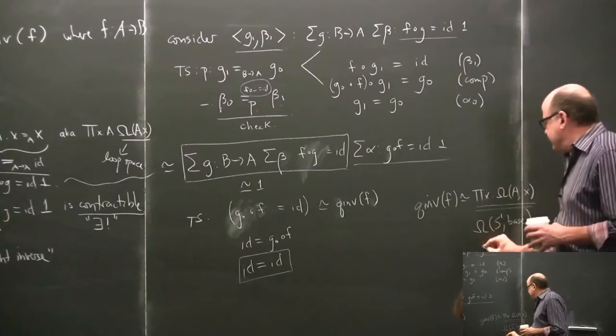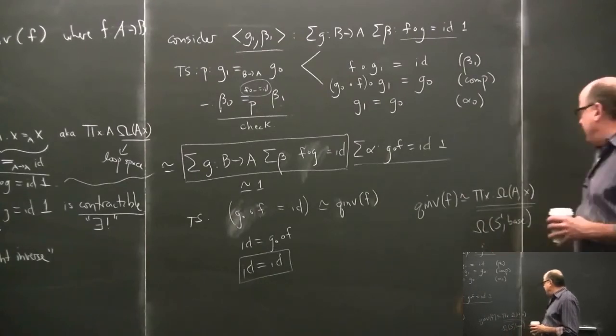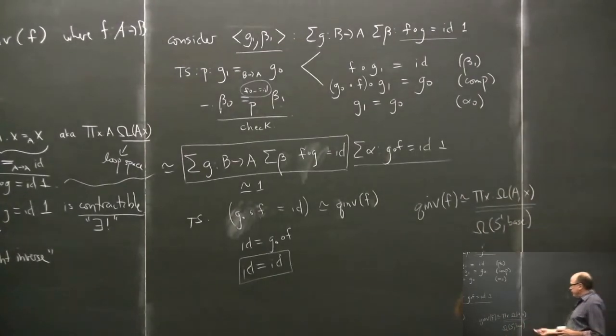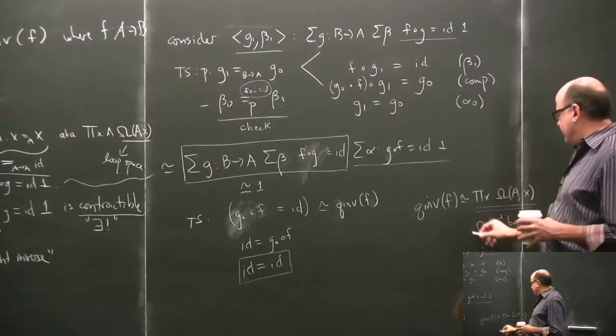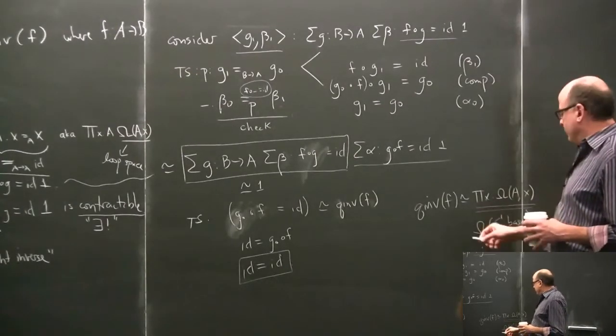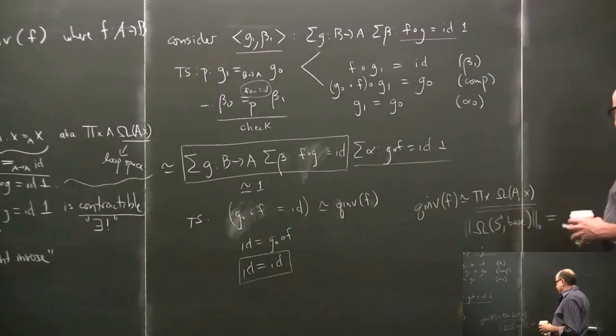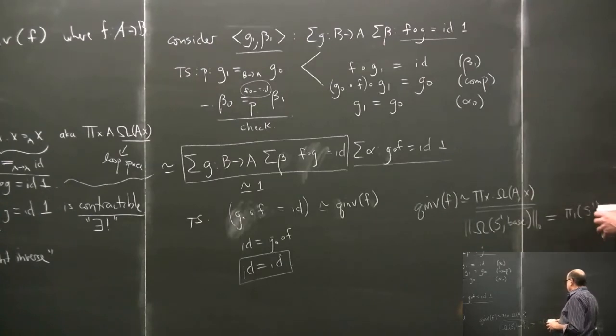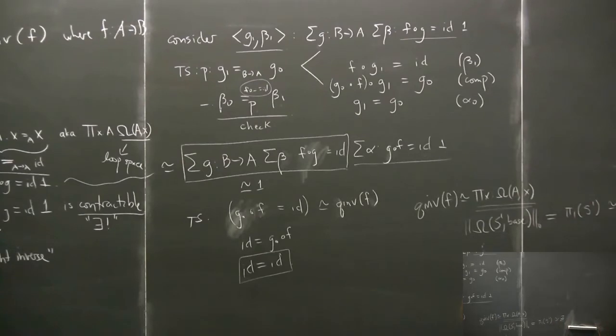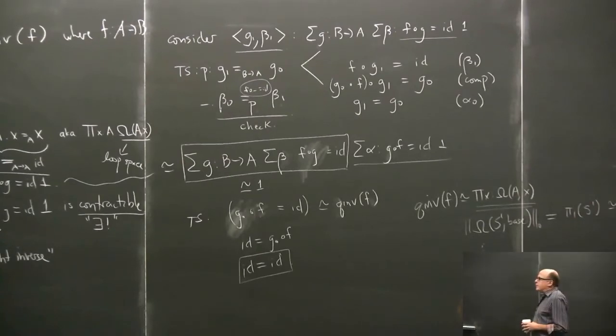Or actually, if I want to make that a set, I can just do a zero truncation of that and look at its fundamental group. The zero truncation of that is by definition the fundamental group pi1 of S1. And we know that that's Z. So this is non-trivial, it's not a proposition.